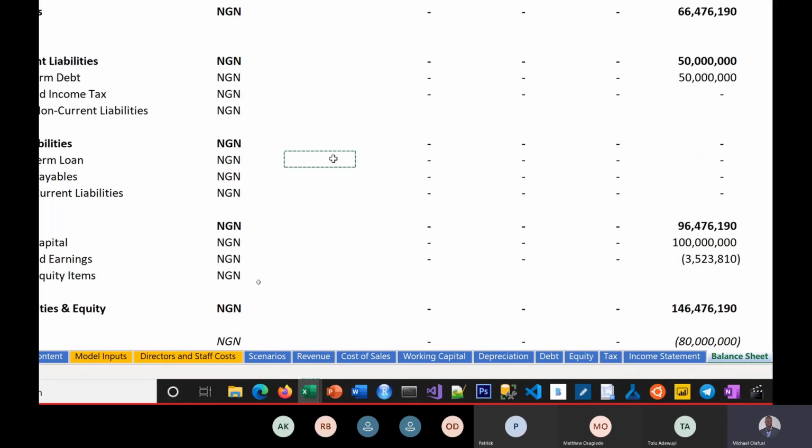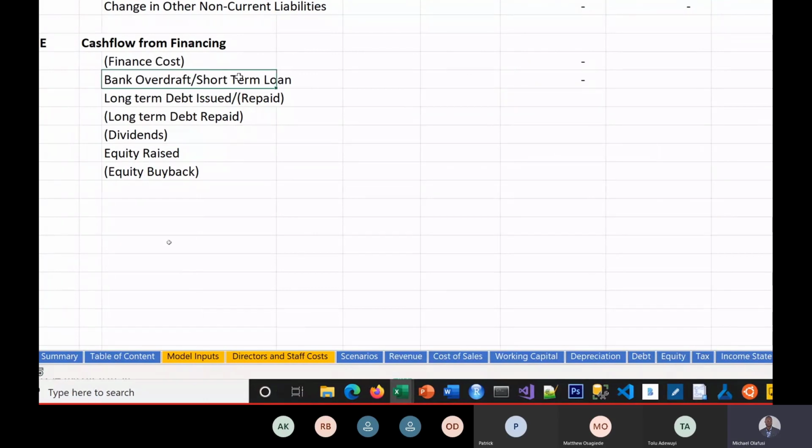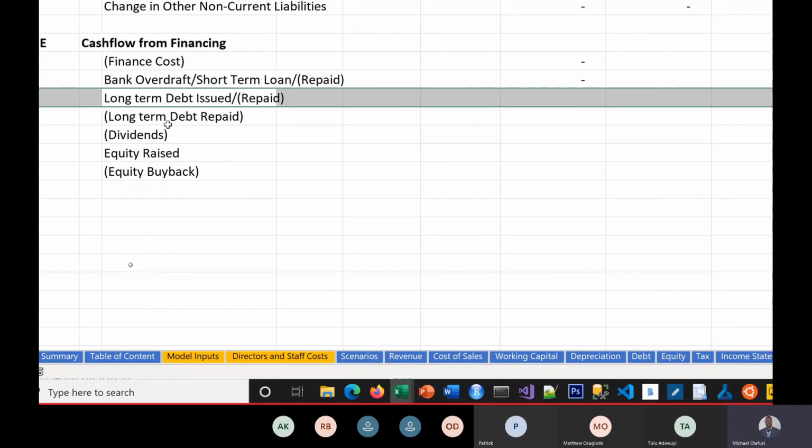Did you take a new loan? Did you repay the existing one? Since I'm picking it from the balance sheet, I can just put repaid in brackets here, so that I don't have to break it out into two lines. So I can delete this line and also this one.